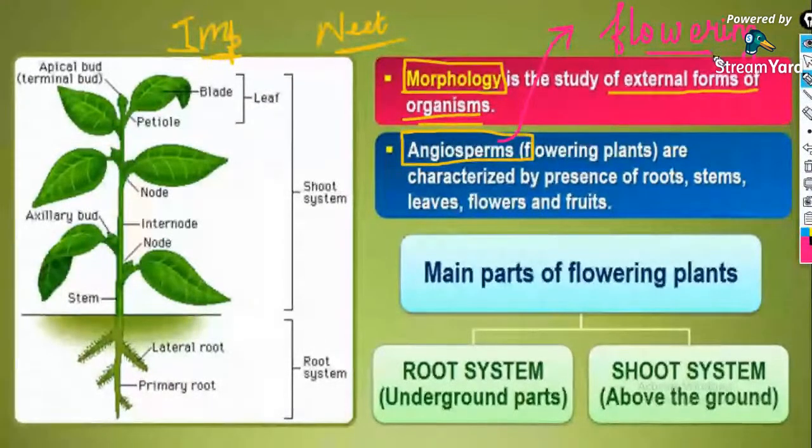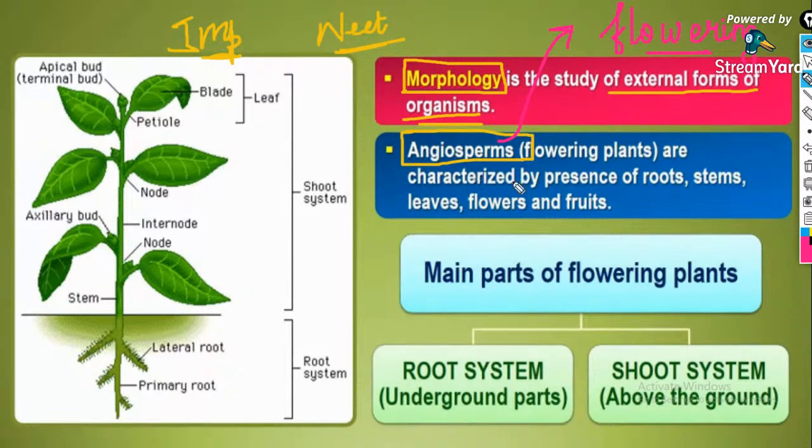You will study them in detail in chapter 3: after Amal sir finishes biological classification, he will begin the next chapter, plant kingdom, teaching about algae, bryophytes, pteridophytes and gymnosperms. But for angiosperms, the main discussion is in the next two chapters, morphology and anatomy.